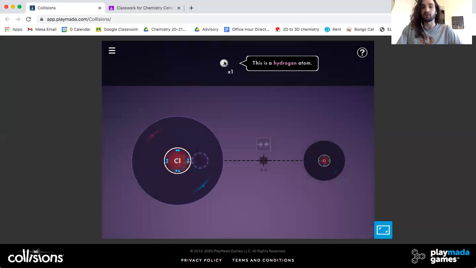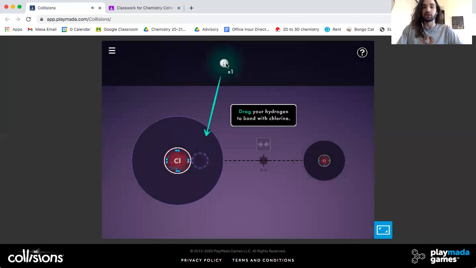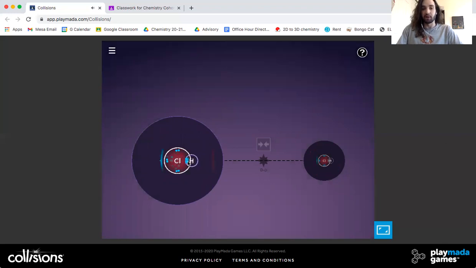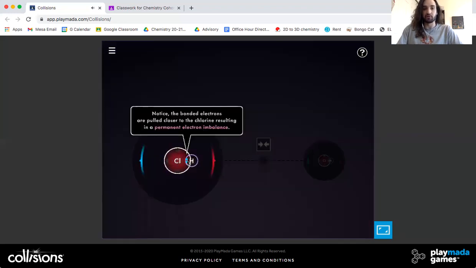Let's add hydrogen. Let's bond hydrogen. Hydrogen's got less electronegativity. Look, a bond was made and they share electrons. When this happens, the chlorine wants the electrons more, causing the electrons to huddle on the side of the chlorine.